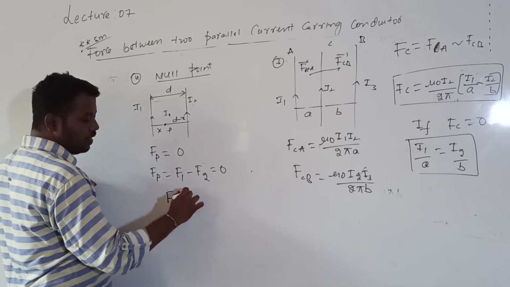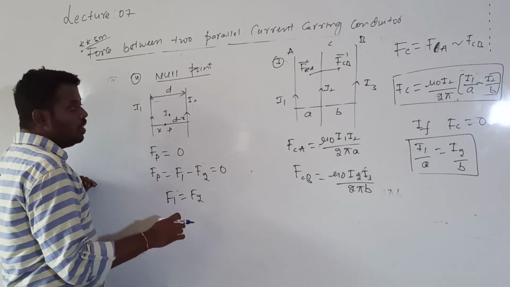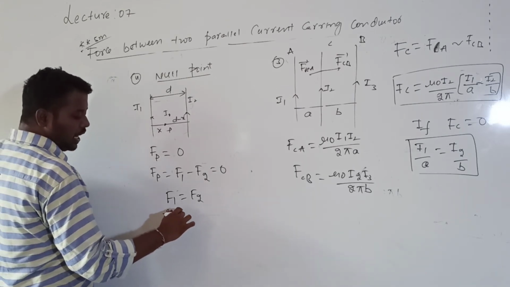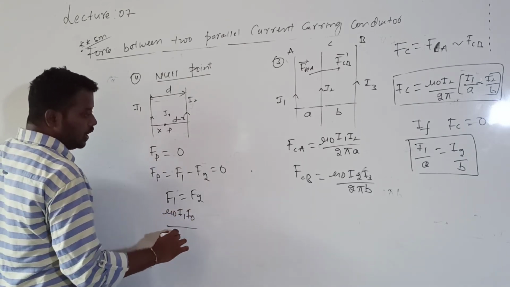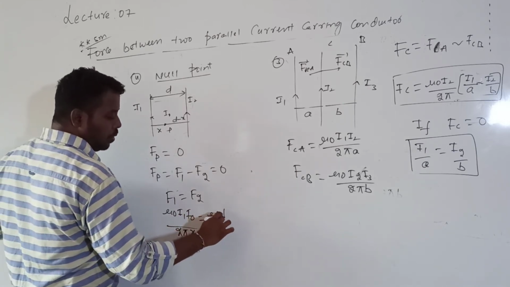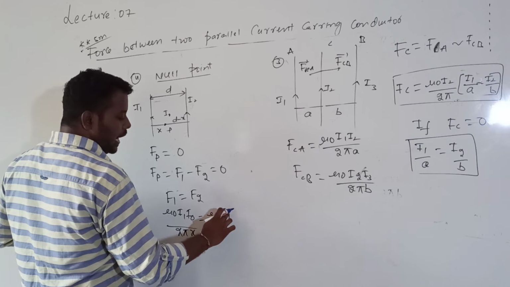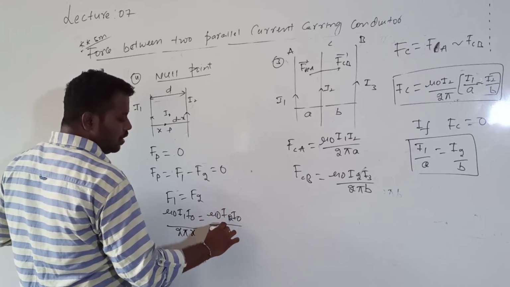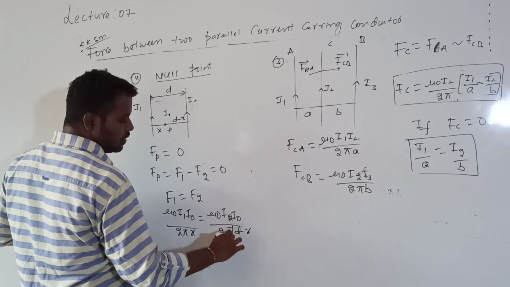That is, F1 will be equal to F2. What is the force due to the first conductor? Mu naught into I1 into I naught divided by 2 into pi into x will be equal to mu naught into I2 into I naught divided by 2 pi into d minus x.